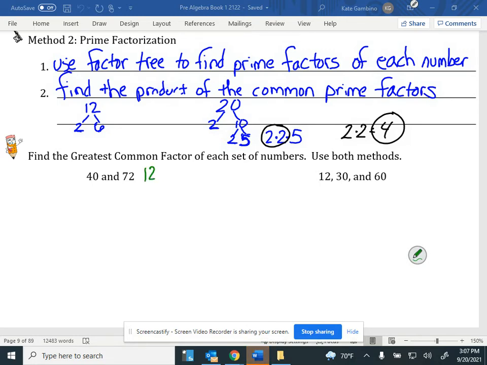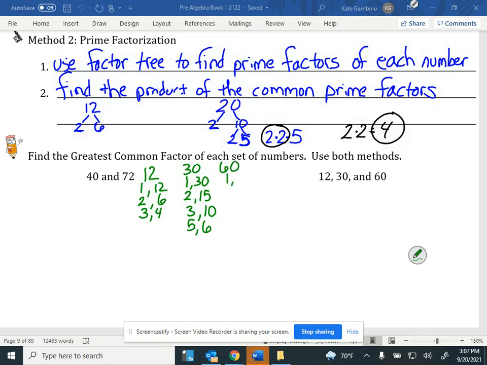So if I start with 12, let's do our factor pairs. We have 1 and 12, 2 and 6, 3 and 4. Then let's do 30. We have 1 and 30, 2 and 15, 3 and 10, 5 and 6. And we have 60.